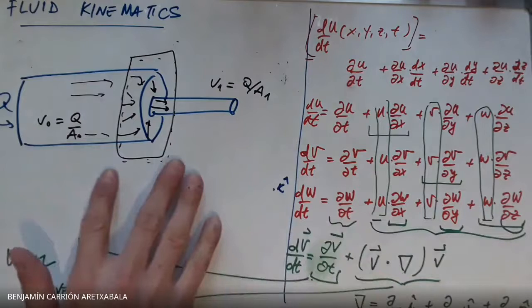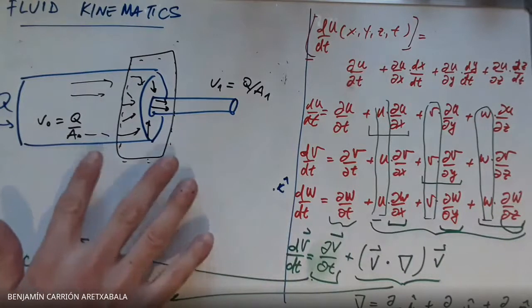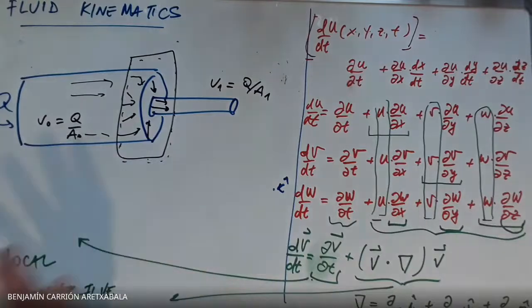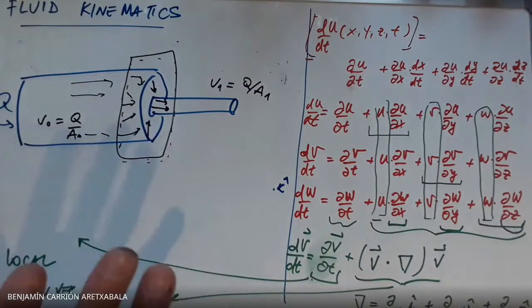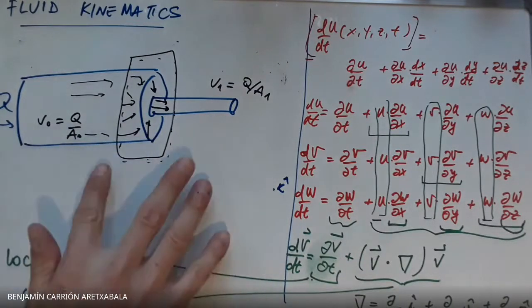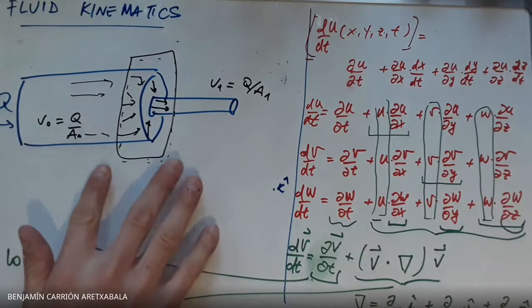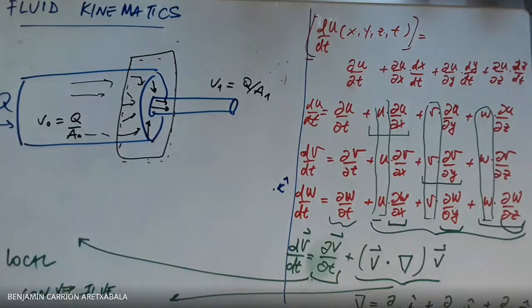So you should be able to see that there is an acceleration, and if you have accelerations, you're going to have forces. We won't go into that now, but keep in mind that flow accelerations are due to these two components. Is that clear? Can I make it clearer?